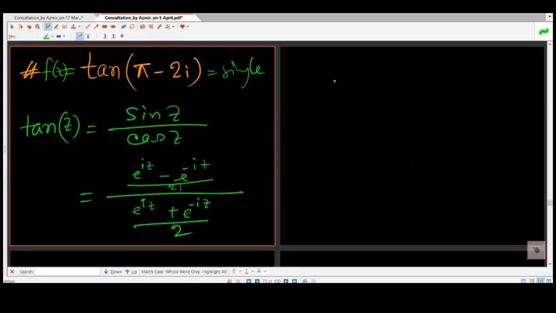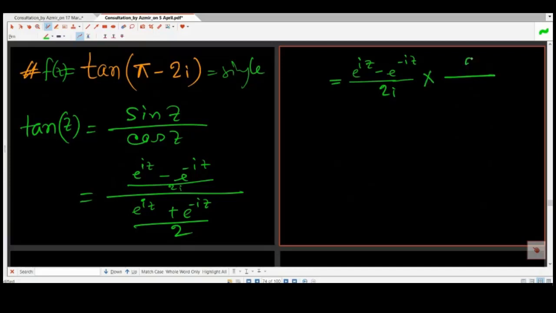So let us do some simplifications here so that it becomes a nice equation. We have e^(iz) minus e^(-iz) over 2i, times 2 over e^(iz) plus e^(-iz). So the 2 and 2 can be cancelled.